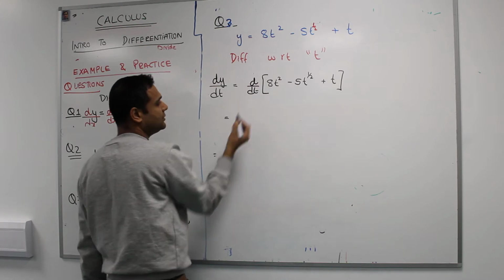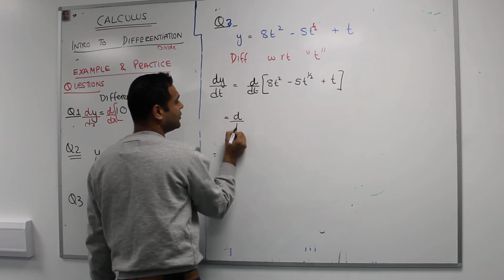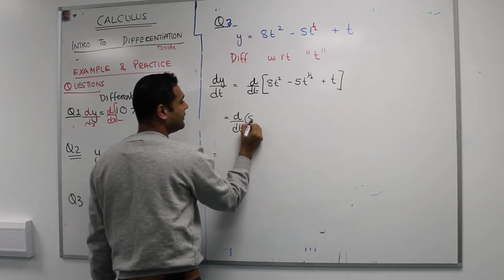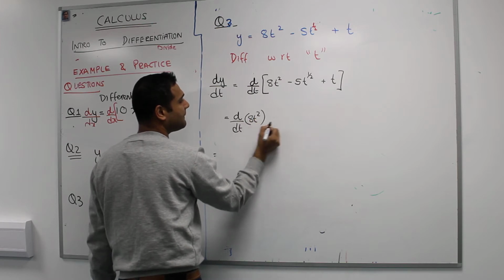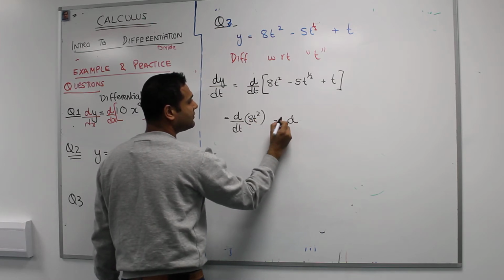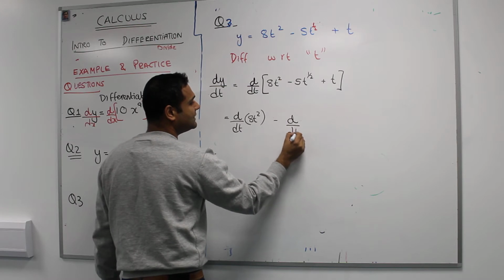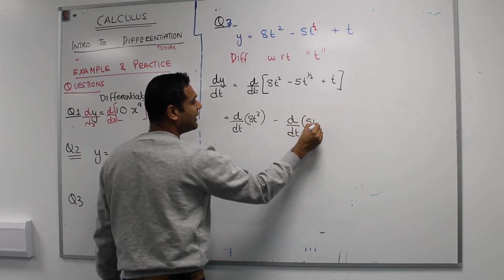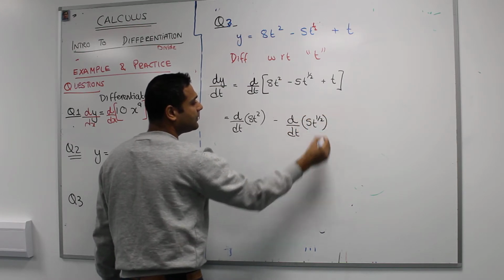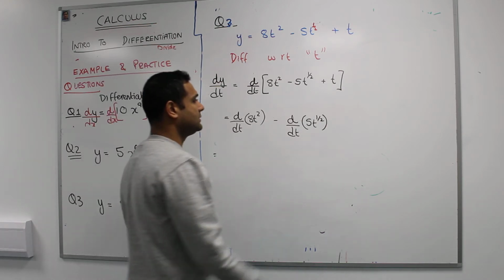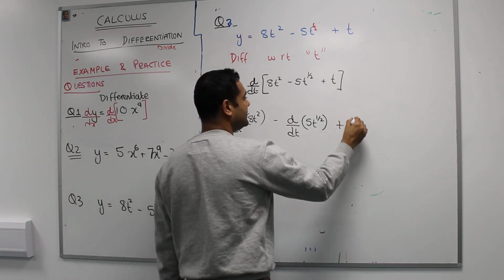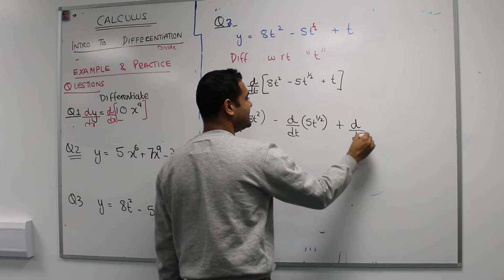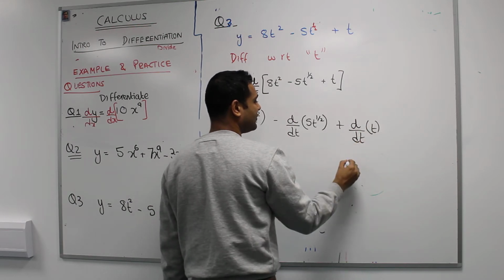The next step I do with everything: d over dt of 8t squared minus d over dt of 5t to the half plus d over dt of t.